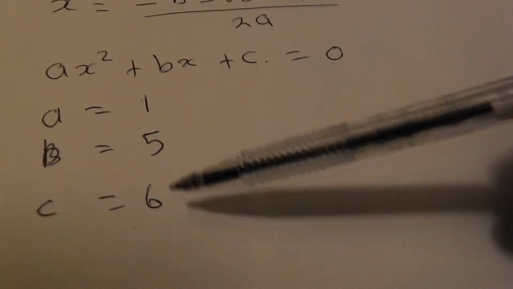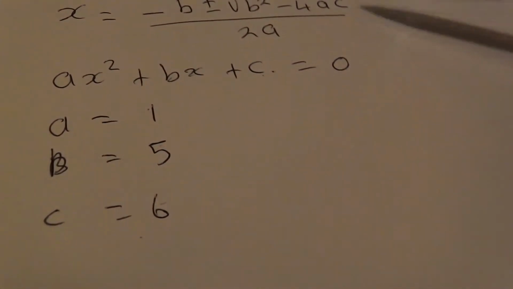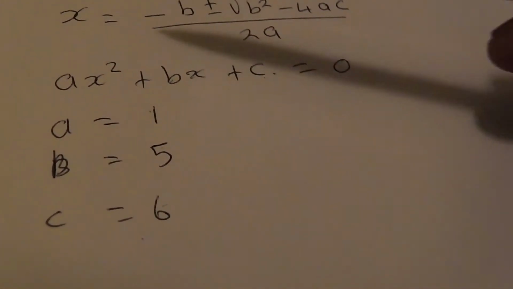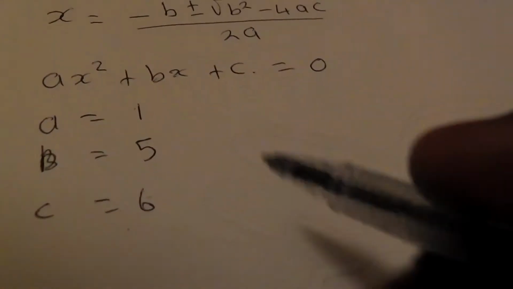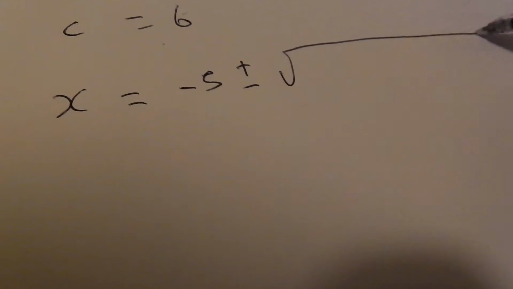What you do next is take these values and put them into the quadratic formula so that you can calculate the value of x. So x is equal to minus b. Our b is 5, so it will be minus 5 plus or minus the square root of b squared.